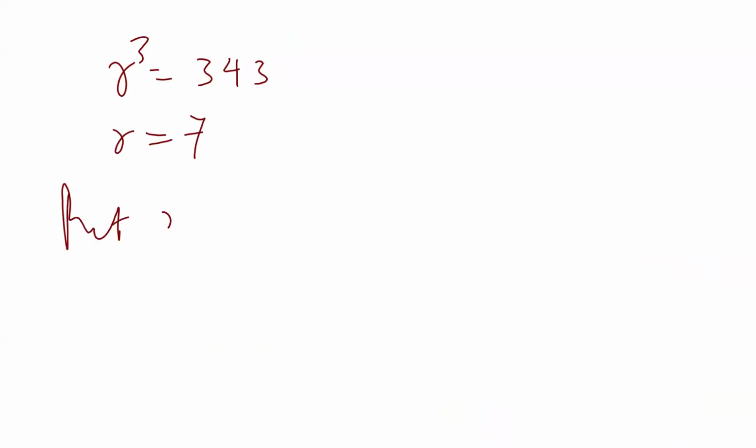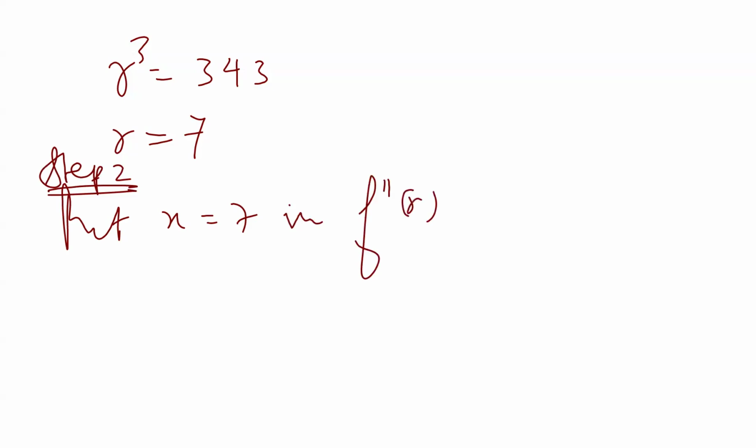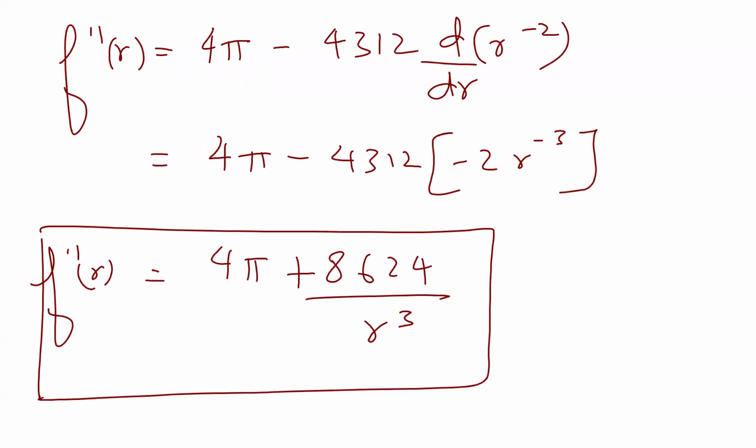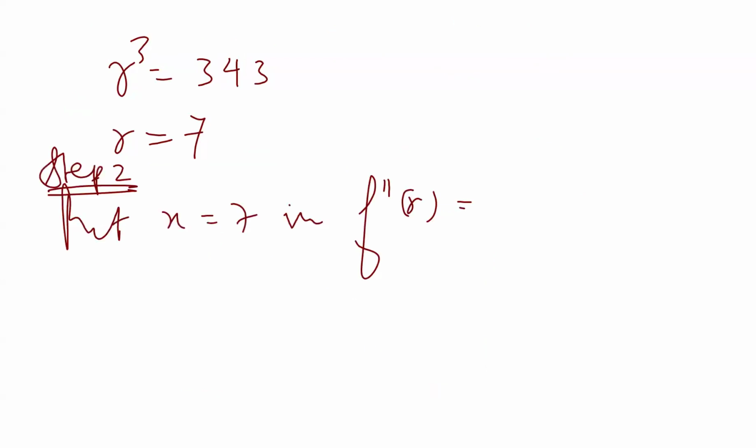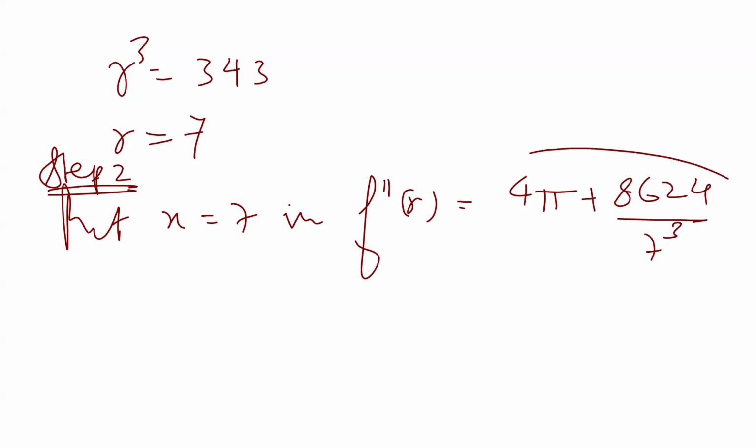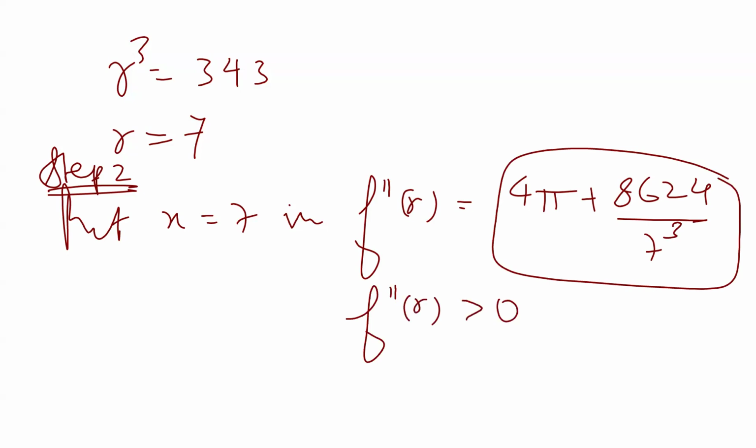Now step 2: put r equal to 7 in f double dash r. What is f double dash r? 4 pi plus 8624 upon 7 cube. There is actually no need of solving this. Just by looking at it, can we tell it is greater than 0?